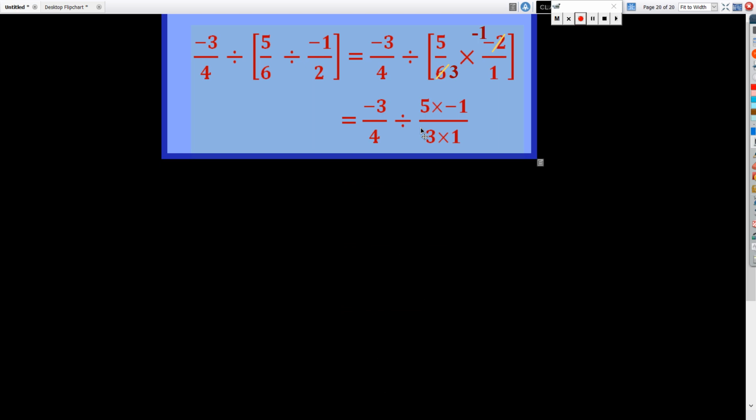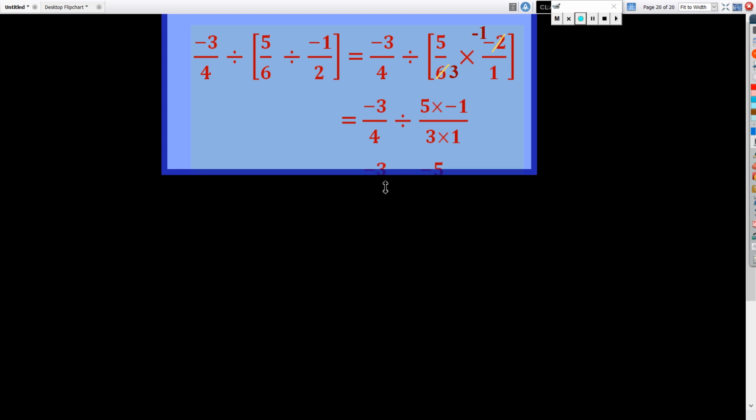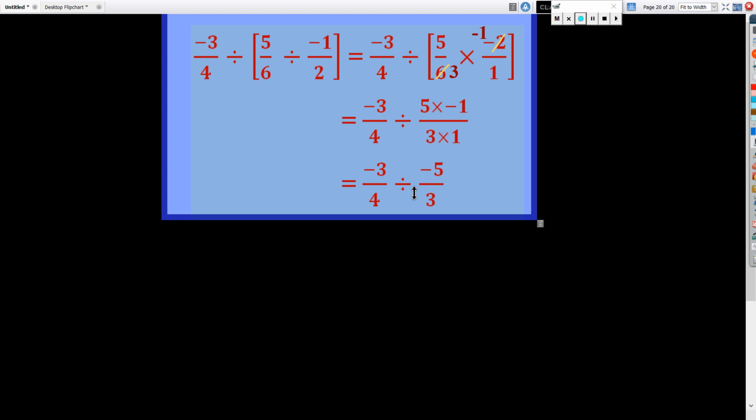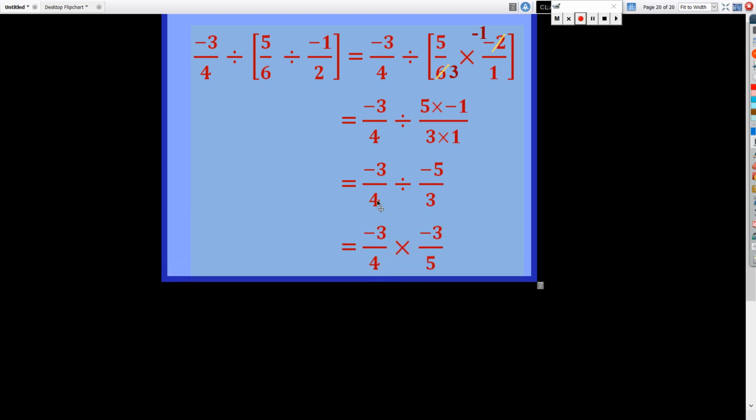Next you can write negative 3 by 4 divided by, numerator is 5 into negative 1, denominator is 3 into 1. That is negative 3 by 4 divided by negative 5 by 3. Now again you take the reciprocal.